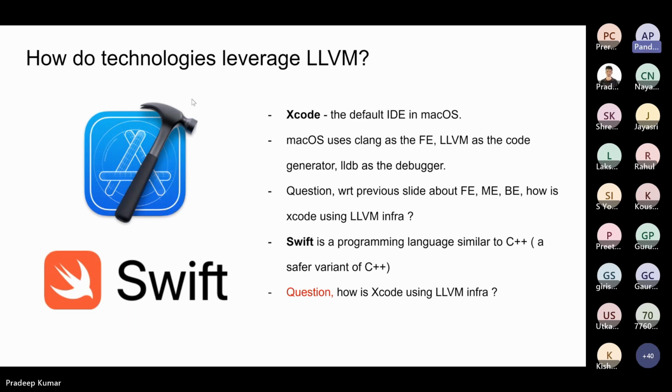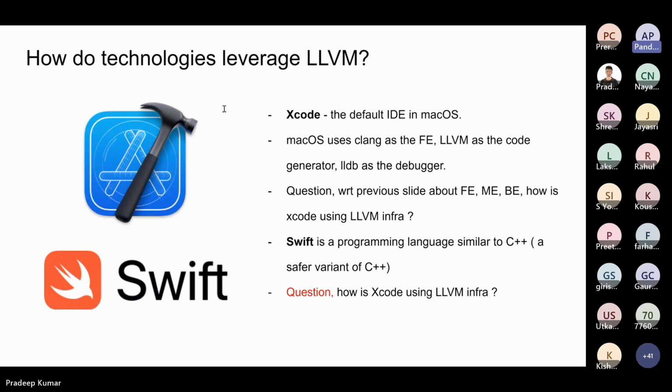Xcode is the default IDE in macOS, and it uses Clang as the frontend, LLVM as the code generator, and LLDB as the debugger. So basically, if you used Xcode, you used technology built on top of LLVM.